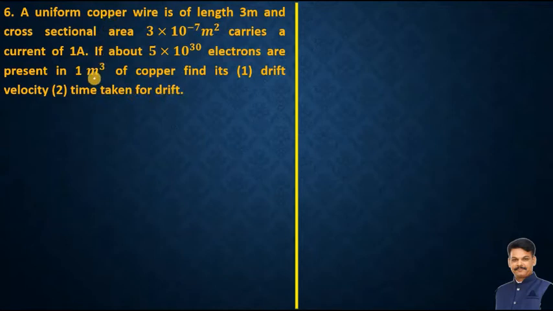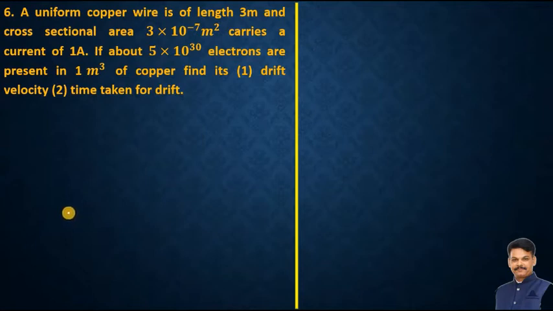So dear students, here this problem is based upon the drift velocity. Okay, so let us have a small review of what is drift velocity. See, drift velocity is nothing but the average velocity with which the electrons drift from negative terminal of the conductor to positive terminal.